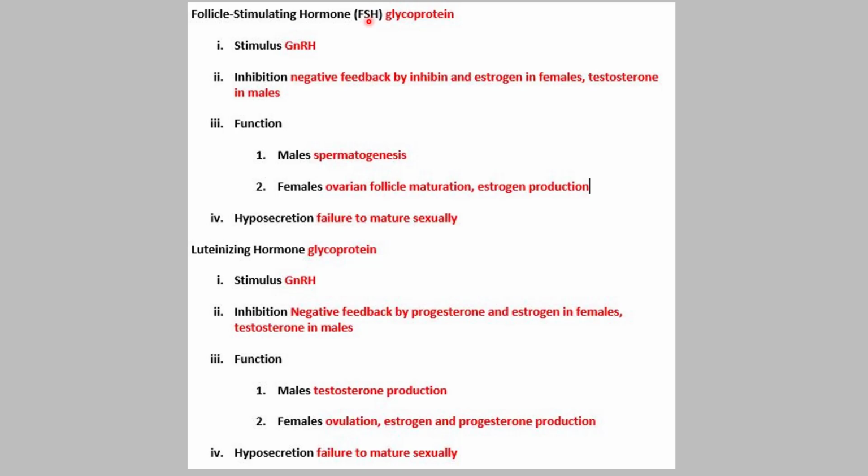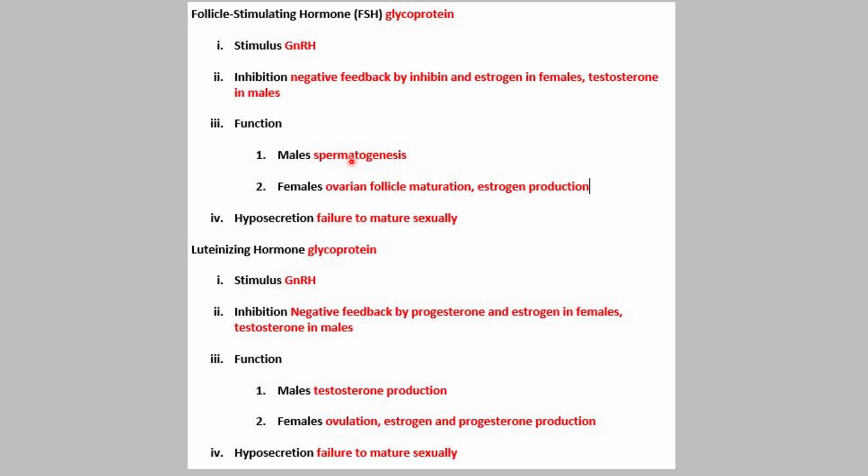Follicle stimulating hormone, a glycoprotein, is inhibited by negative feedback from something called inhibin and estrogen in the case of females. In males, it's inhibited by testosterone. The function of FSH is different in males and females.